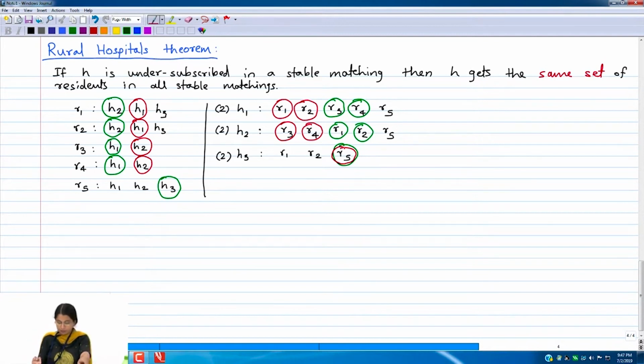So here we see that H1 and H2 are full. The only undersubscribed hospital is H3. It is undersubscribed in both the stable matchings.